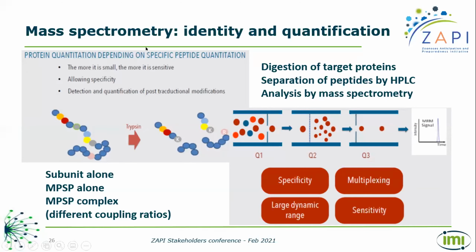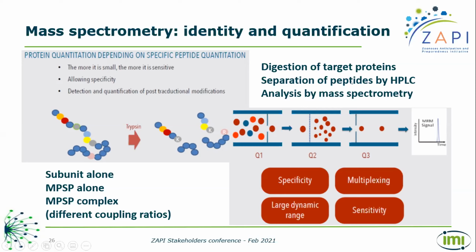The second information is the quantitative mass spectrometry, which has been developed recently. It is based on the specific digestion of your targets. So you generate peptides, you verify, so you select one peptide which is providing the unique identity of the target, and you synthesize a corresponding peptide with an isotope that will be spiked into the material to be analyzed.